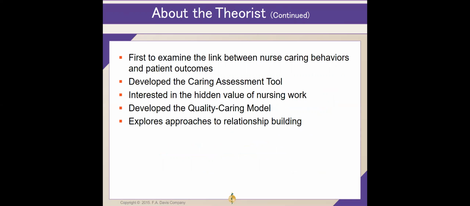As many of you know, in the late 80s, there became quite a bit of pressure on nursing to indicate what value they were adding to hospital system care. And it was difficult for RNs to quantify the care that they were giving, and in a way that administrators could understand the value of what was being provided.